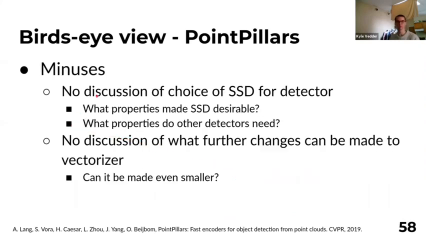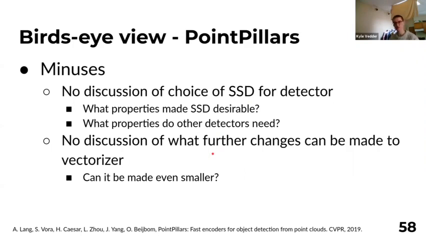Probably my only real complaint about this paper is they don't do any discussion of why they chose the SSD detector. Presumably, they found that it had better performance properties, but they didn't really talk about what those properties are, or what another detector, if you wanted to replace SSD with something else, should bring to the table in order to provide these properties. They also don't discuss what, if any, further changes can be made to the vectorizer.